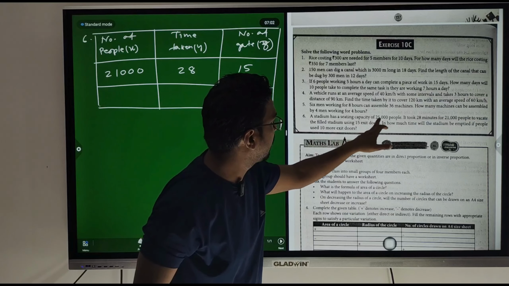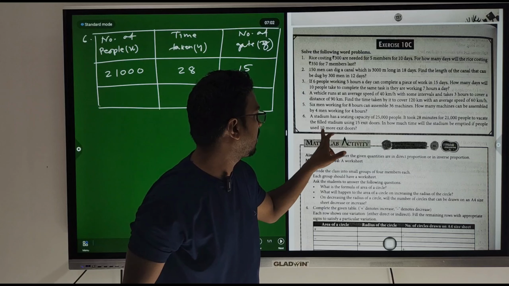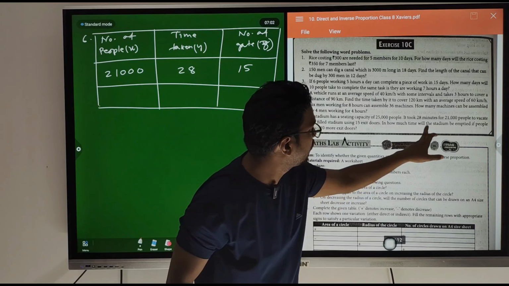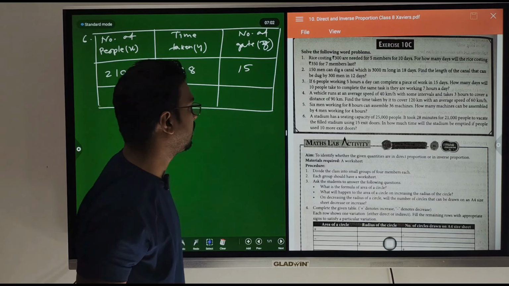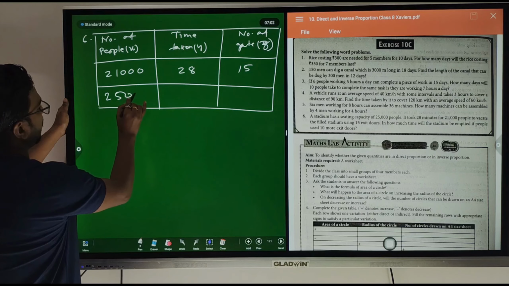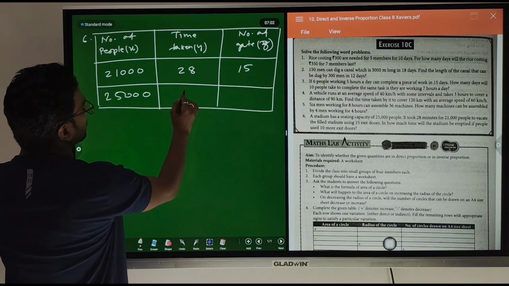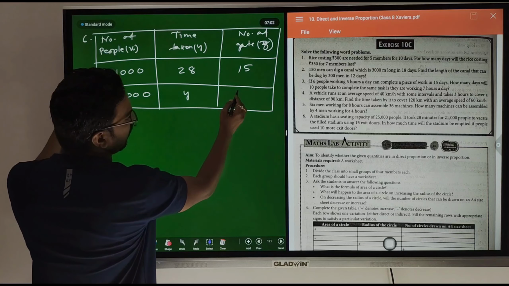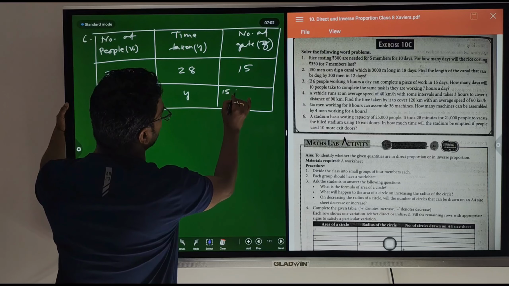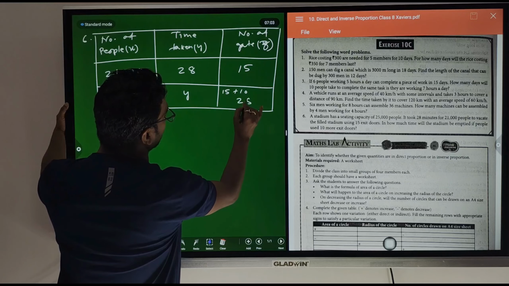So a stadium has capacity 25,000. In how much time will the stadium be empty if people use 10 more exits? Suppose there are 25,000, and how much time it will take we don't know, and 10 more exits. So earlier it was 15 plus 10, it will become how much? 25.